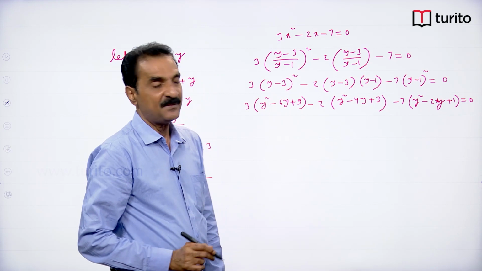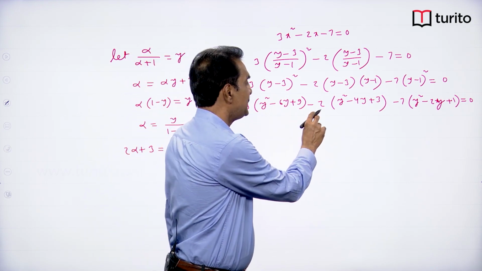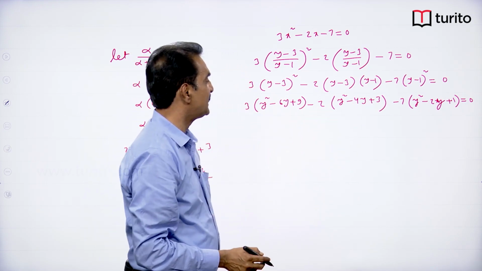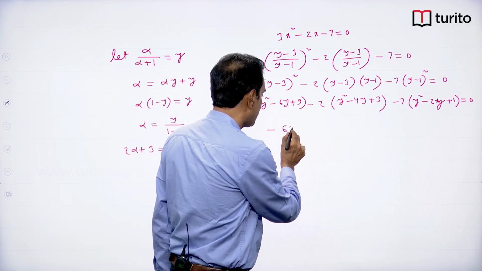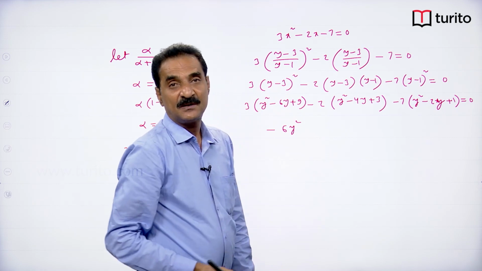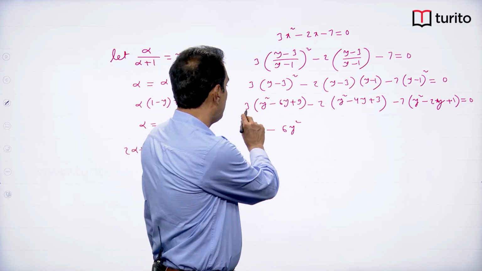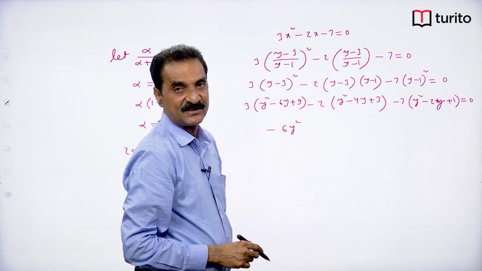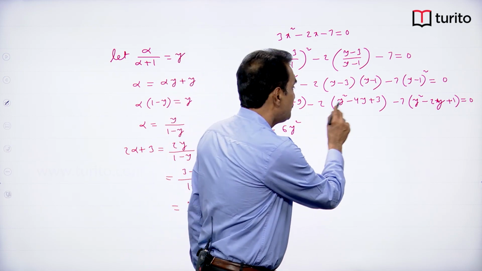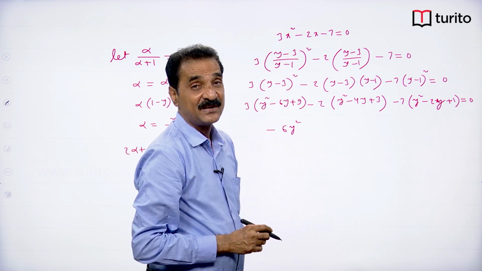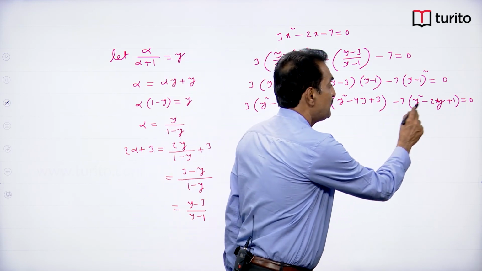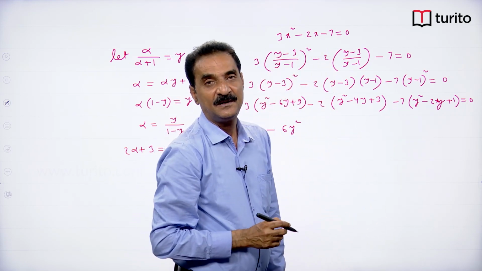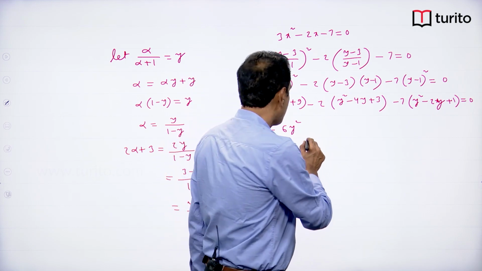Collecting second degree terms: 3y square minus 2y square minus 7y square, so it will be minus 6y square. Next, first degree term: 3 into minus 6 is minus 18y, plus 8y, minus 18y plus 8y is minus 10y, here plus 14y, minus 10y plus 14y is 4y.